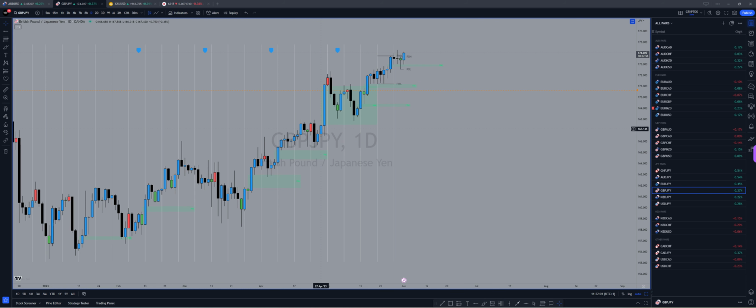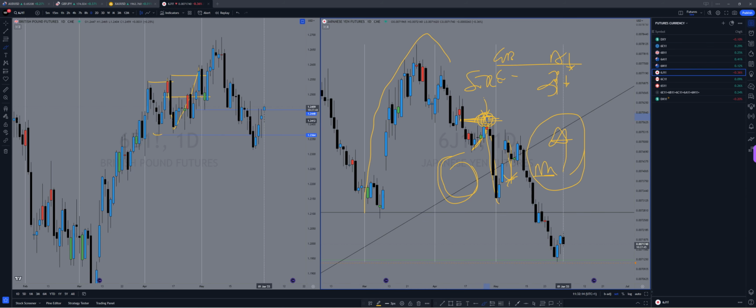Okay, look at the move that transpired after that. I actually got into this one instead. I traded the long on this one. Okay, so by forecasting the price action, you can know ahead in time that there is a strength coming into a particular pair. Okay, so that's one way.